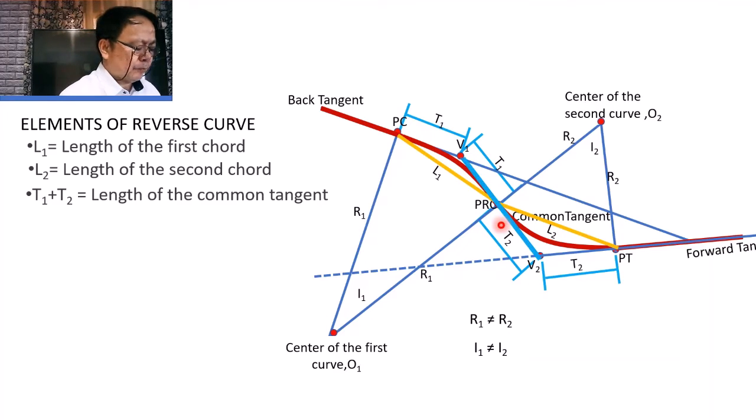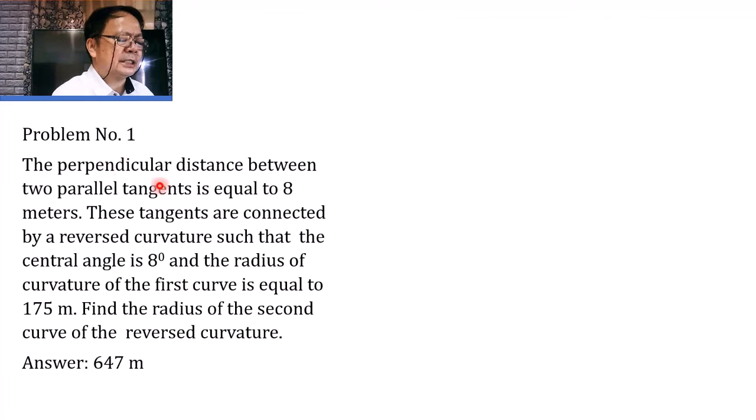Okay, so let us now try to show an example of how we are to deal with problems in reverse curvature. As I have mentioned a while ago, I have prepared 3 problems to show how problems about reverse curvature can be solved. So let us have our sample problem number 1.